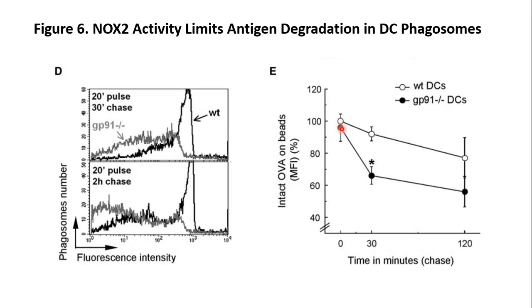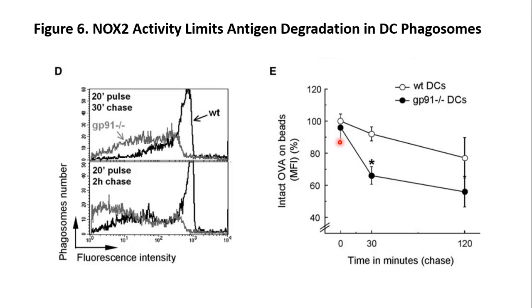We can see that in wild-type it stays more intact and it's consumed more in the DCs that do not have the subunits of NOX2. So we can conclude that NOX2 activity in DC phagosomes limits antigen degradation. So if it has NOX2, degradation goes slowly, compared to if it does not have some subunits of the enzyme complex.